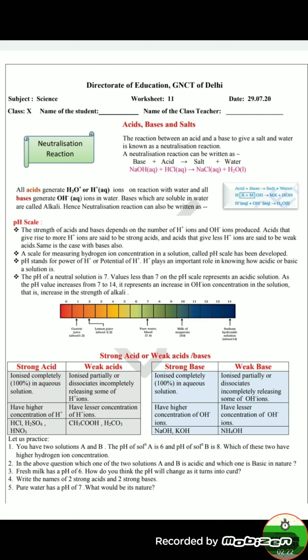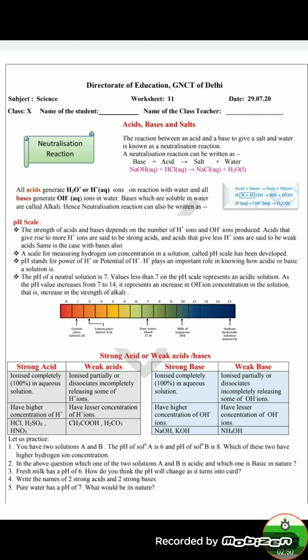So all acids generate hydronium ion on reaction with water, and all bases generate hydroxyl ion, OH minus ion, in water. Bases which are soluble in water are called alkali. Please keep in mind, bases which are soluble in water are alkali.